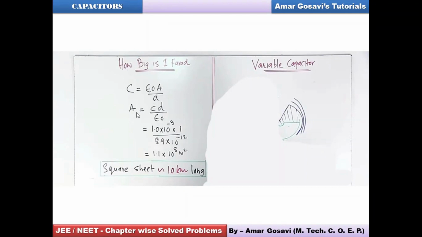Then in that case, the area comes out to be how much? You can see 1.1 into 10 raised to 8 meters square. That means a square sheet 10 kilometers long would constitute what is called 1 farad. This is how you can understand what 1 farad can be.